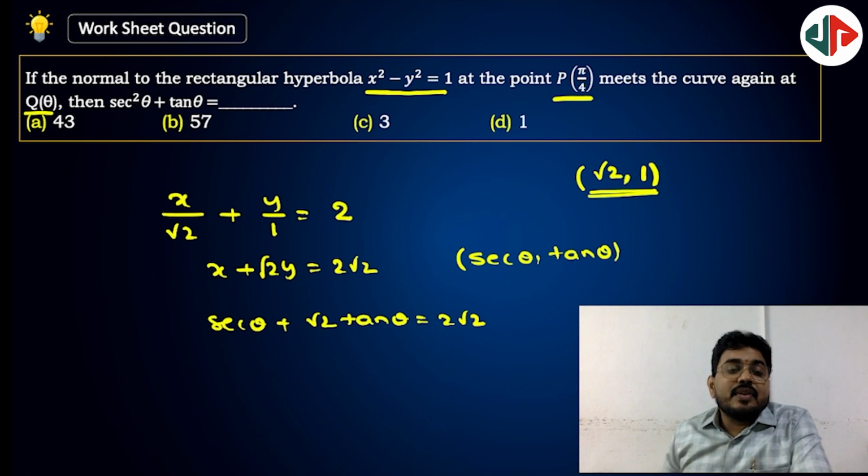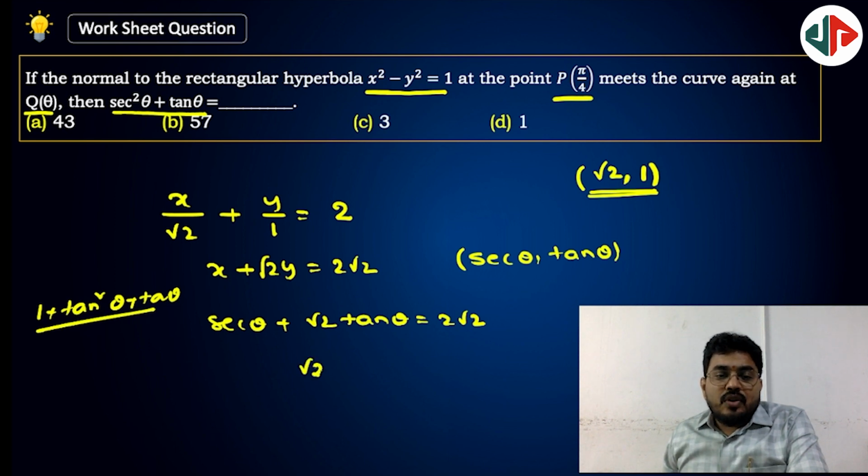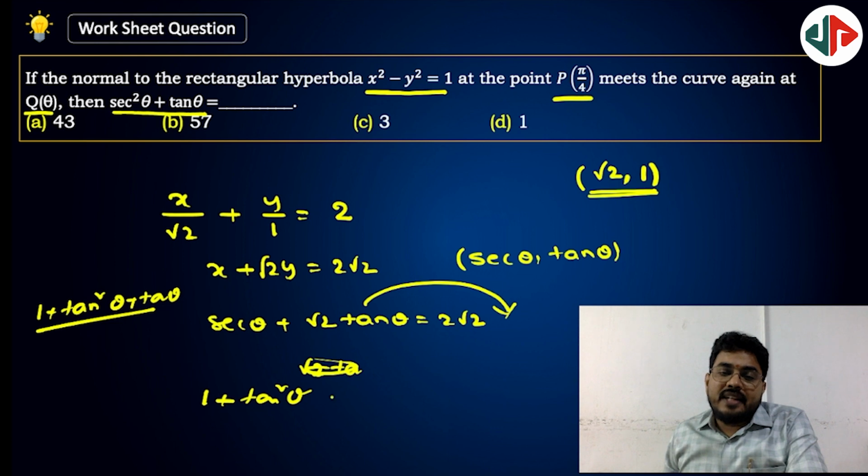So I need to write secant square theta and tan theta, meaning I can write it as 1 plus tan square theta plus tan theta; the value is needed. So what I'll do: root 2 tan theta, secant square theta means 1 plus tan square theta. This one will be transferred to this side. 2 root 2 is 8 minus 2 root 2 into root 2, 4 2 is 8 tan theta plus 2 tan square theta.